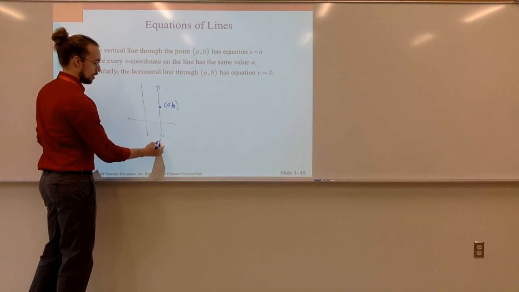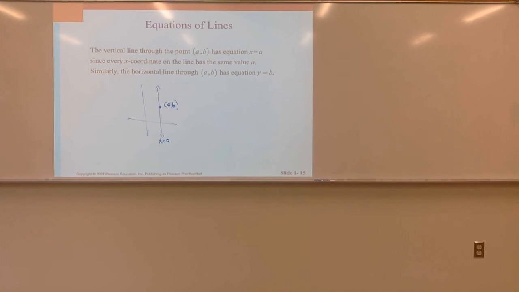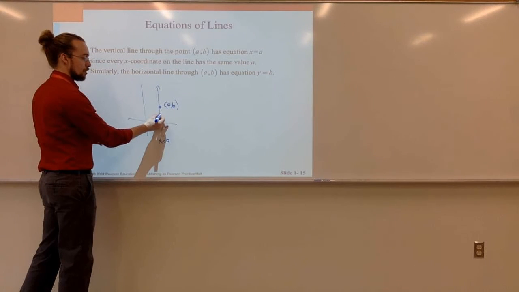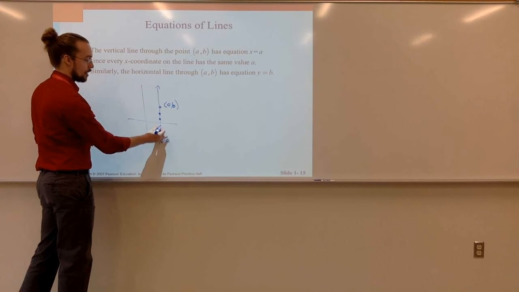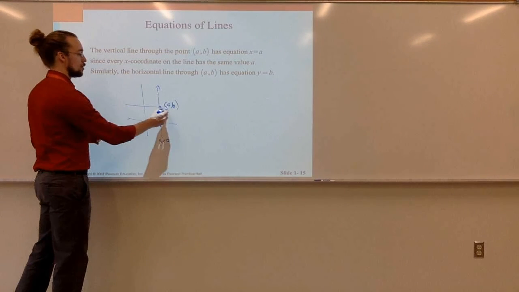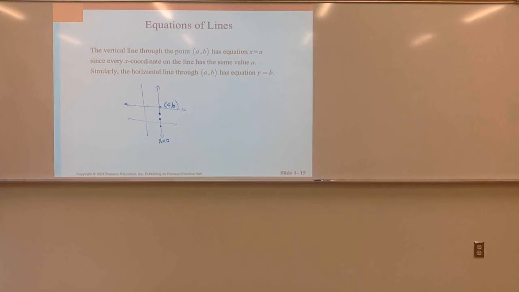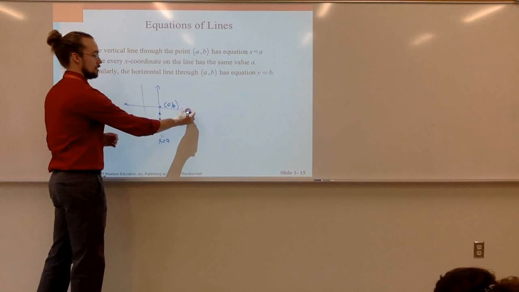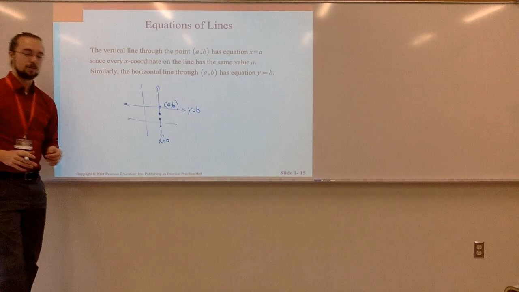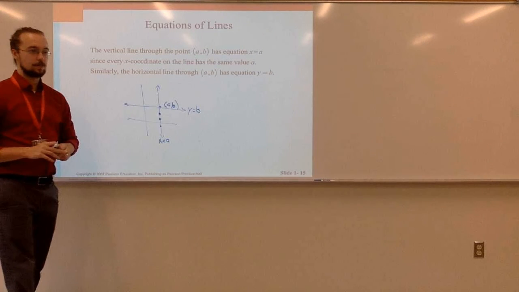So a vertical line is always in the form of x equals some number, whatever the x coordinate of that point is. You can remember that because if you start checking points on that line, they're all going to have the same x coordinate. Same idea for the y's, right? If I draw a horizontal line through that point, it would be of the form y equals b. Right? y equals whatever that coordinate point is.